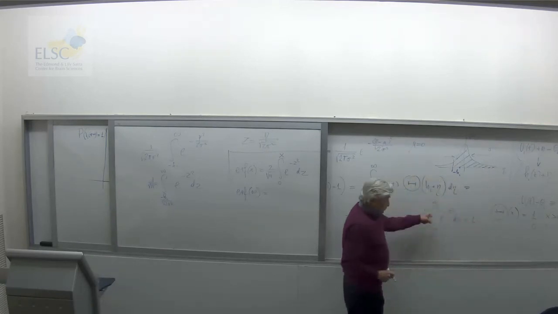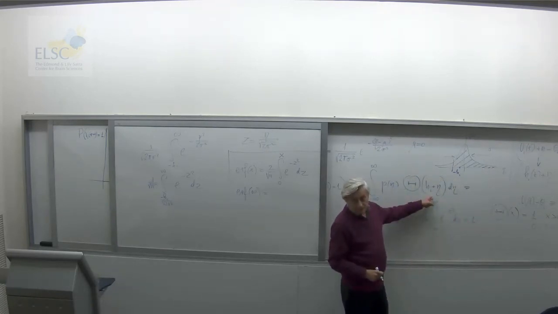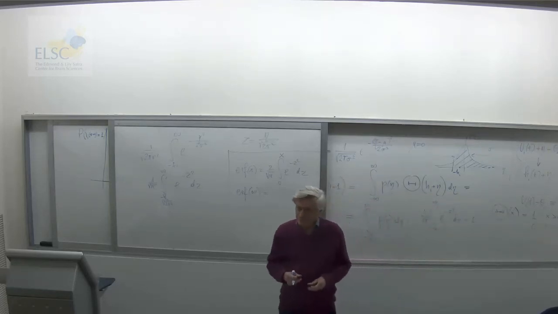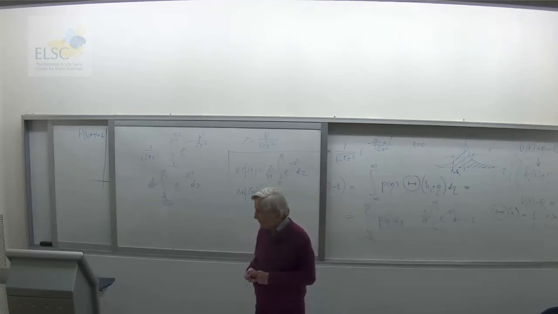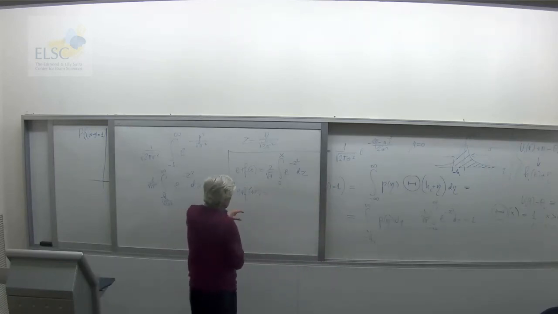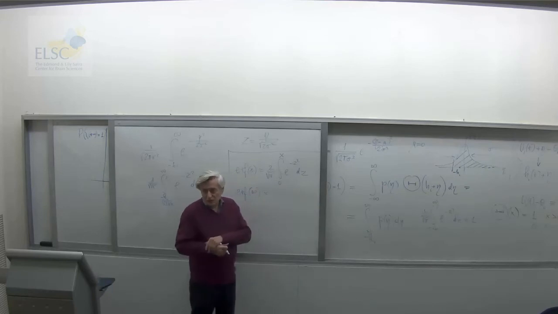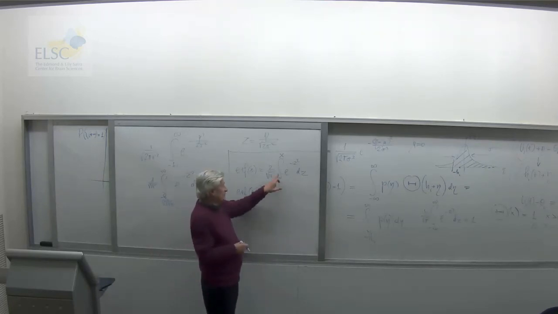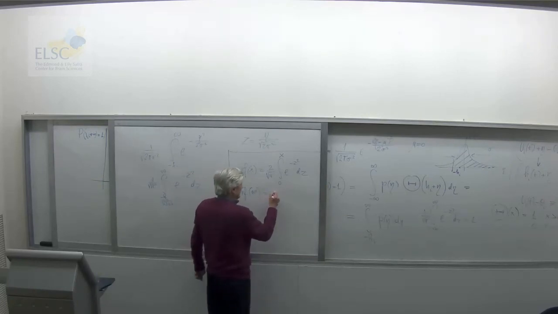So from 0 to infinity and from minus infinity to 0, it is 1/2 each. Therefore, in this definition, we have a 2 here. And so if you take it from 0 to infinity, this is 1.